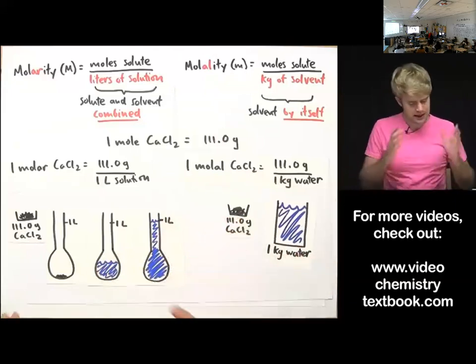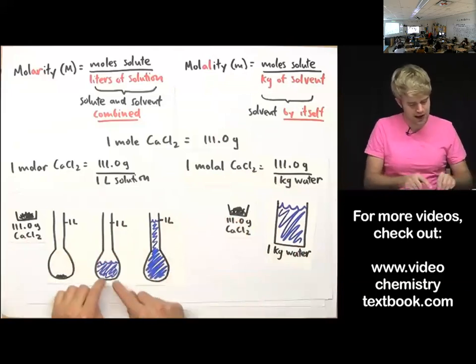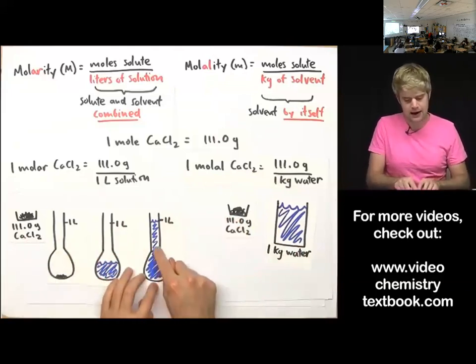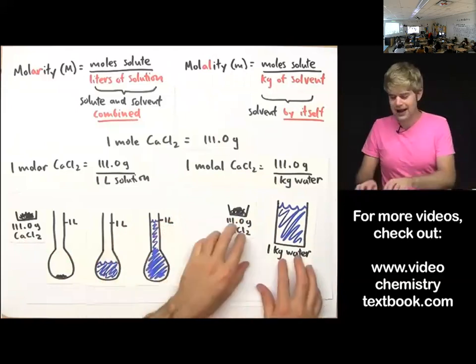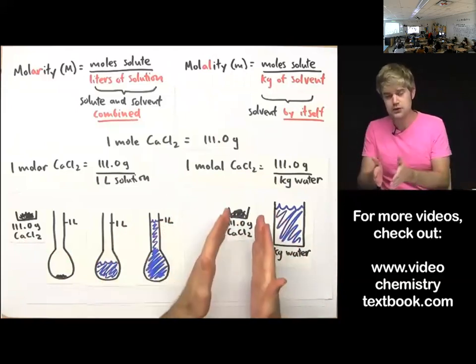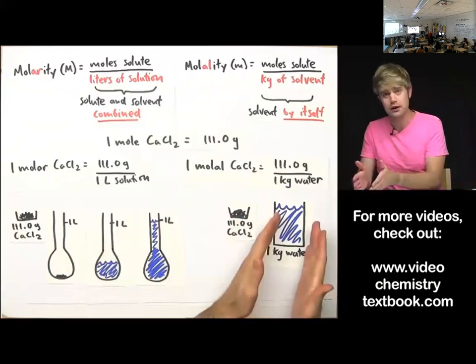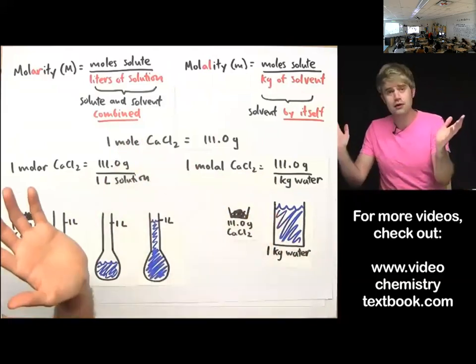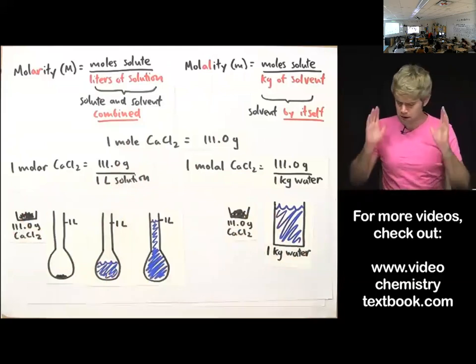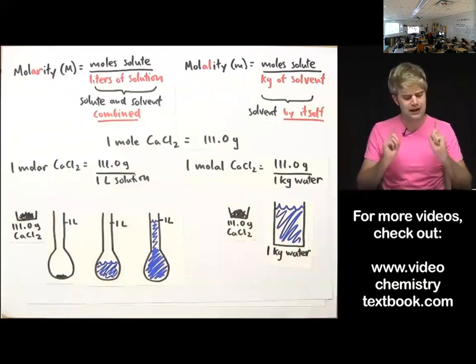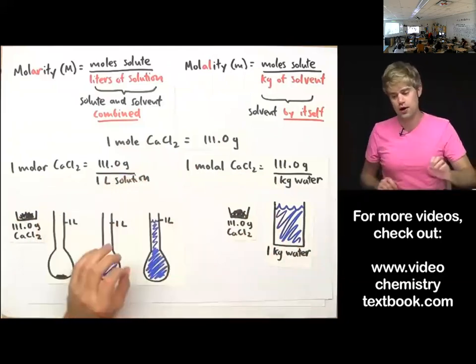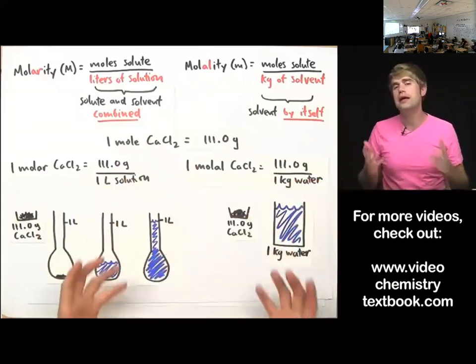So the point is, here I mix the solute and the solvent together, and then I increase the volume of both of them together until it gets to 1 liter. Whereas this, I do the solute separately and the solvent separately, and then once I mix them together, I don't care. So there are 2 important things to keep in mind about molarity and molality. One is you might know that 1 liter of water weighs 1 kilogram.